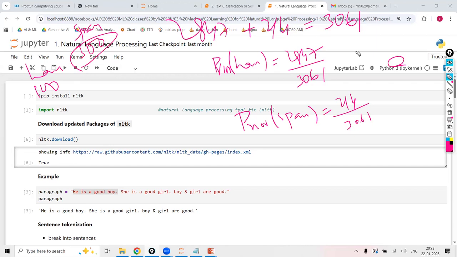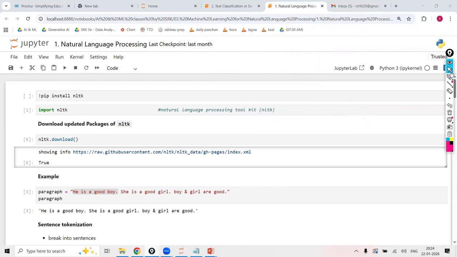In my case, I get more ham mails. Generally, my mail account has more ham mails. That is the advantage of prior probability. Is the point clear? Everyone, understood or not?